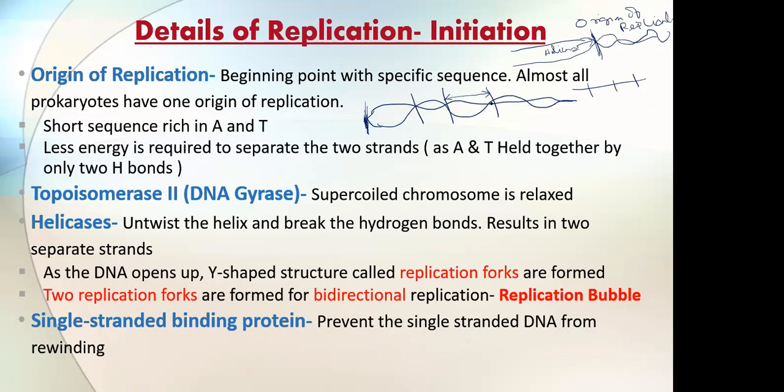So we have multiple origins of replication, but bacteria have one circular, double-stranded chromosome. For them, there is just one origin of replication, and the DNA replication goes bidirectional, in both directions.